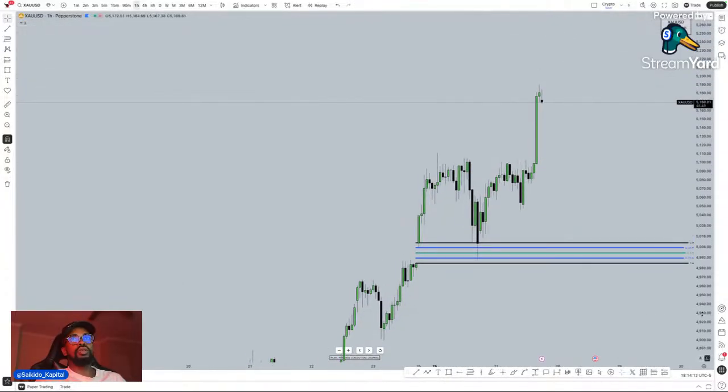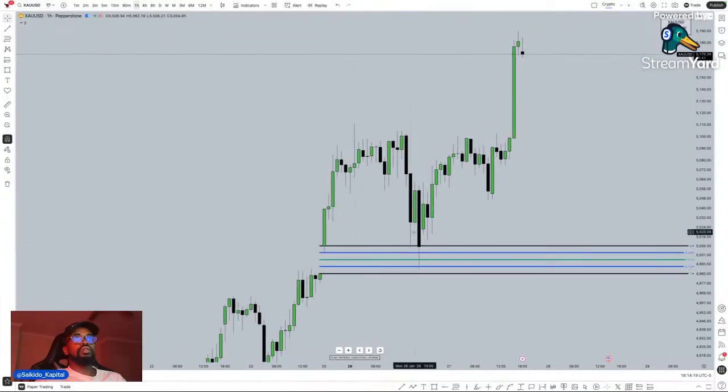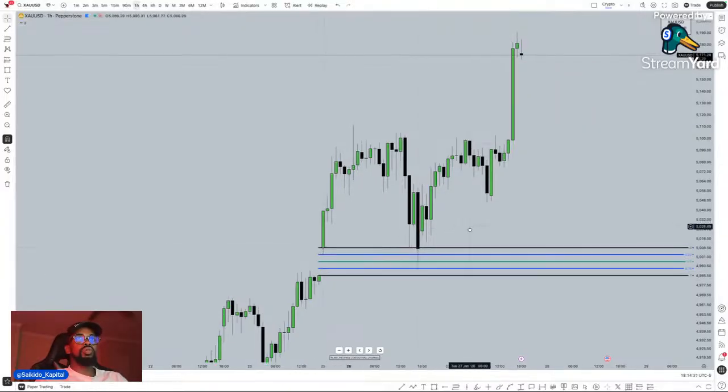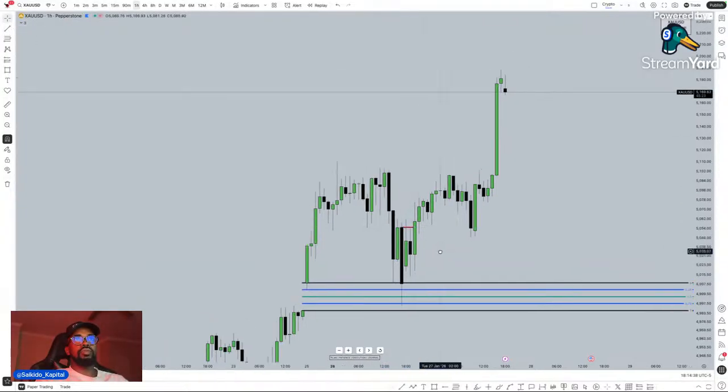Looking at this 1 hour, we did fill the new week opening gap late on Monday, and look at how the body of the candle that went all the way down closed at the high of that new week opening gap, and then it put in a new bullish market structure shift right here. And then it validated this fair value gap at premium by closing above it right there.